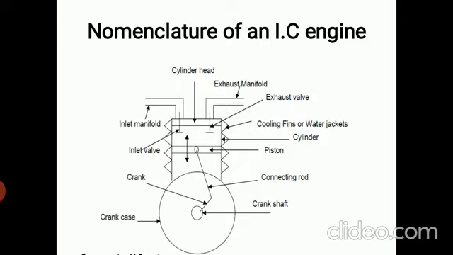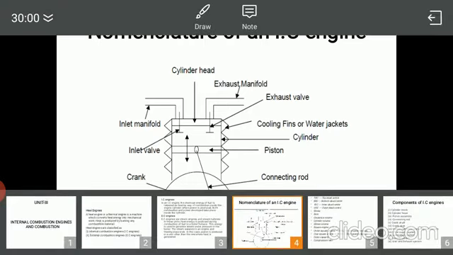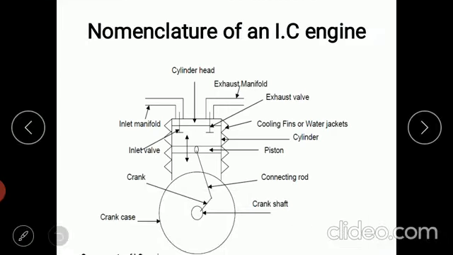Most of the time in the crankcase, lubrication oil will be stored. We store lubrication oil at the bottom of the engine. That component is termed as the crankcase. Then we have the cylinder, from this portion. This is termed as the cylinder.